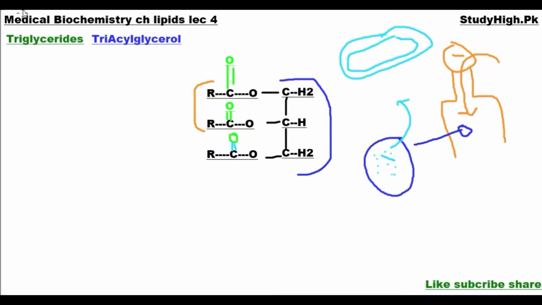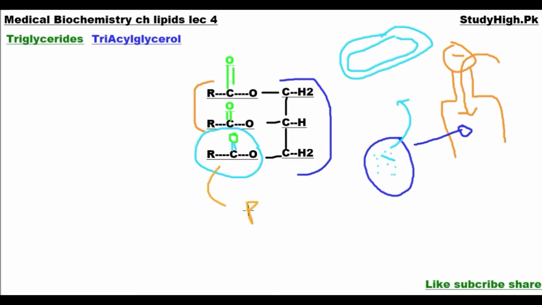The second important thing that you must know about the structure of glycerol is that it consists of three carbons, 1, 2, 3, and they are different from each other. If you remember, in the formation of phosphatidic acid, the fatty acid on glycerol's third carbon has been replaced by a phosphate group.